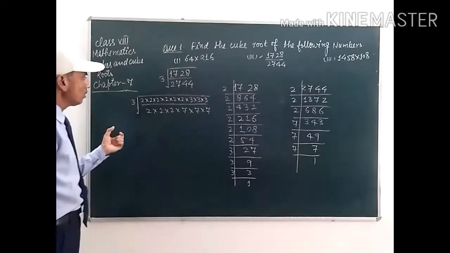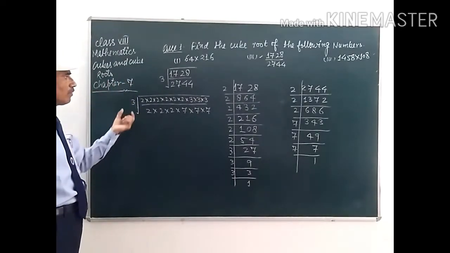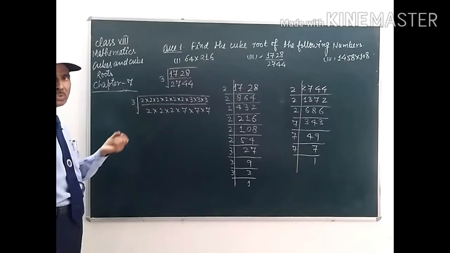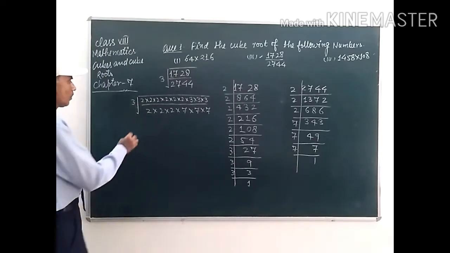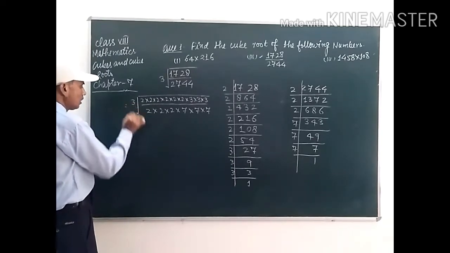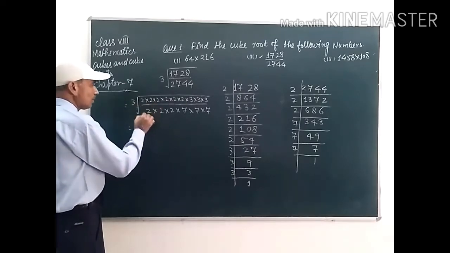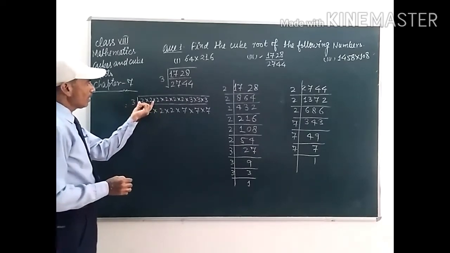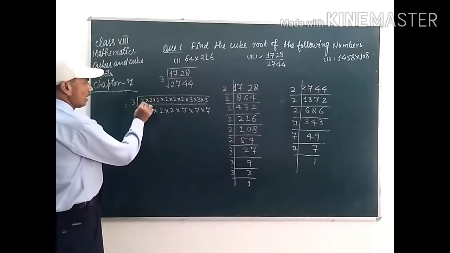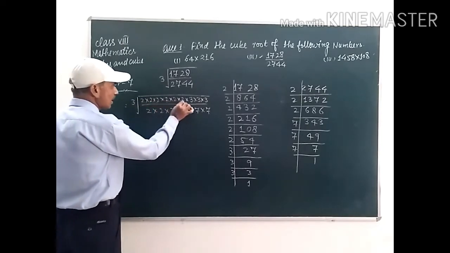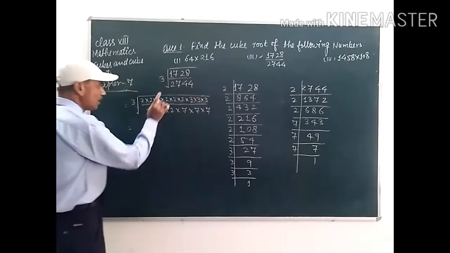Okay students, so out of each group, out of each triplet you have to choose one. For the cube root we have to choose one number from each group, that is first group, second group, third group of the numerator.